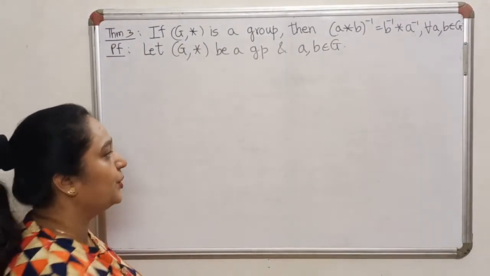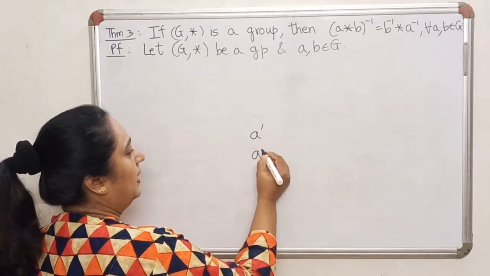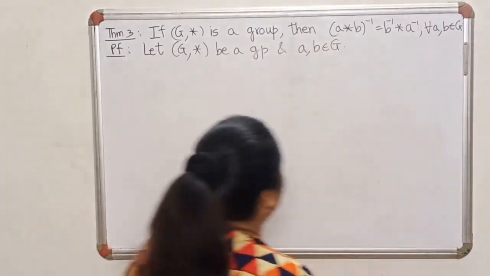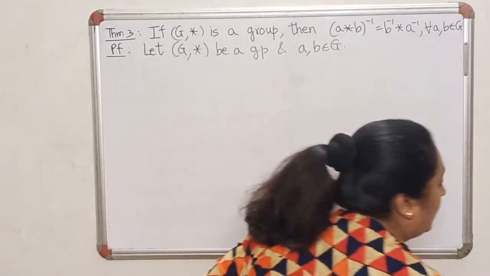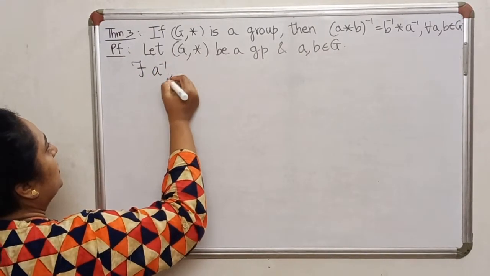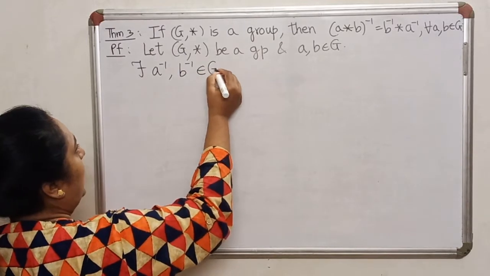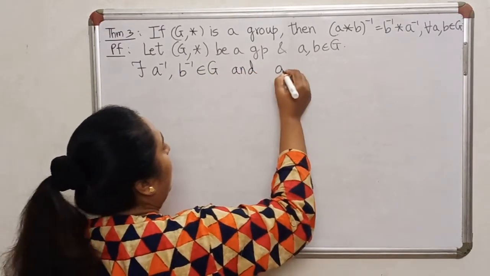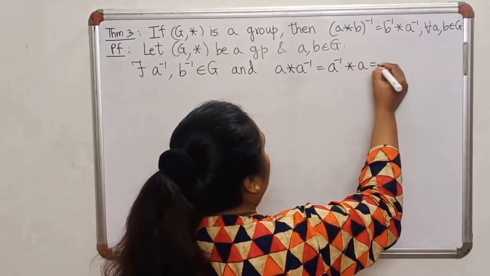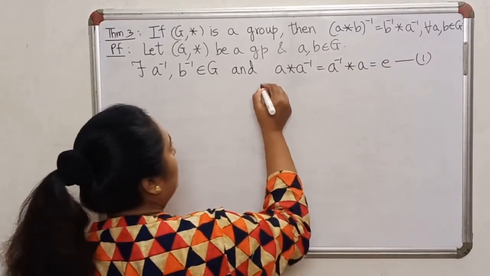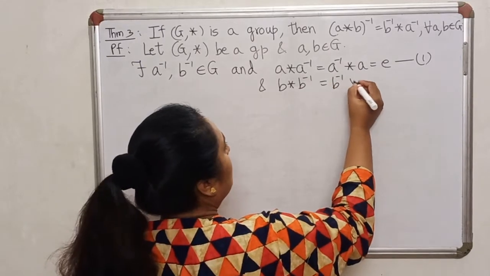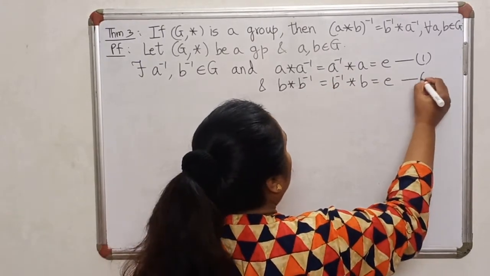Since A and B are elements of G, we know that A inverse and B inverse will exist. So A inverse and B inverse also lie in G, and A combined with A inverse will give me identity. Similarly, B combined with B inverse will also give me identity.